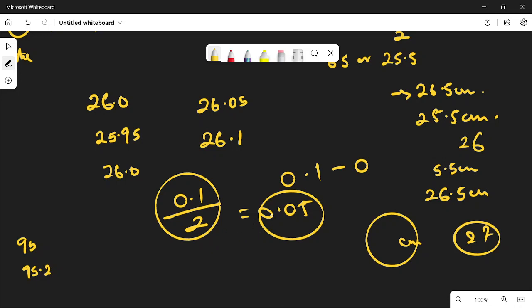Are you following the way I'm getting my absolute error? Yes, sir. Okay, what if I have 26.07 in centimeter? 26.07 centimeter, what will be my absolute error?